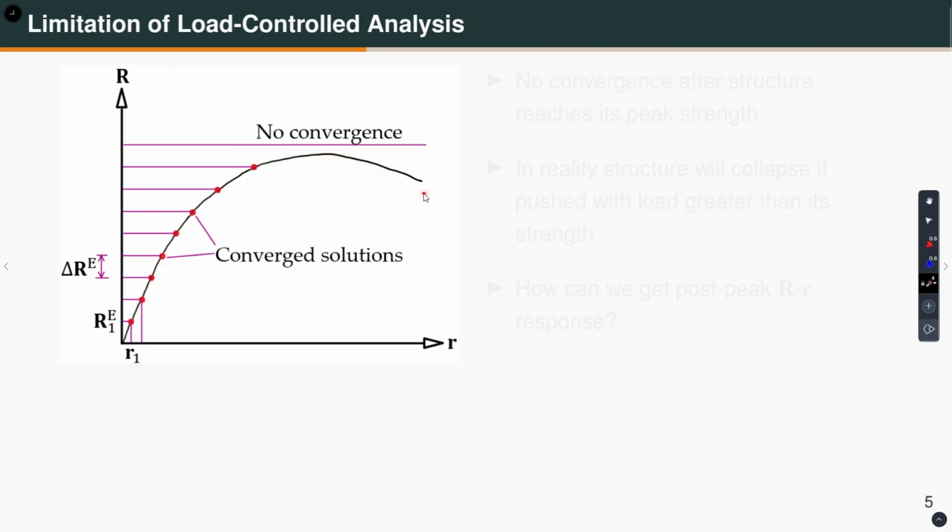That means every system will show this kind of behavior. Force deformation is initially linear, then it becomes nonlinear, and then eventually reaches the peak value. Depending on how much ductility the system or component has, you will get a flat behavior, and eventually it will drop, right. So, that is what I am trying to show you here.